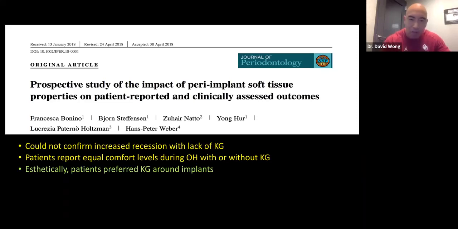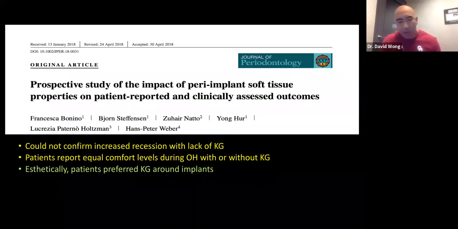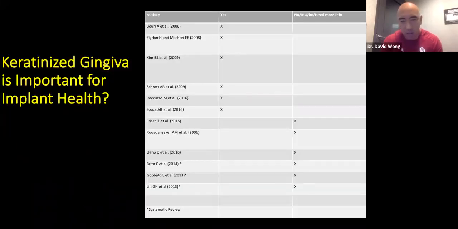Aesthetically, patients prefer keratinized gingiva around implants. I also want to point out that in this study the patients' oral hygiene was immaculately maintained. So we know that whenever people have extremely clean teeth and take really good care of their teeth, you may not need a whole lot of keratinized gingiva. So the problem there is, how often do we have patients who take really good care of their teeth? So that's always the debate.